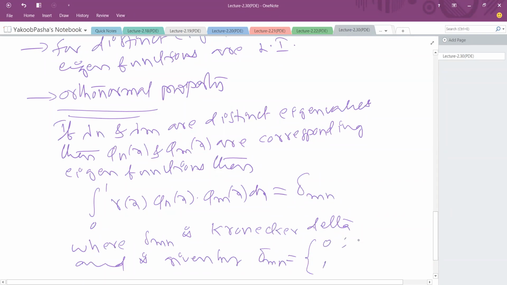It is 0 if m is not equal to n. If m is equal to n, delta mn is 1.